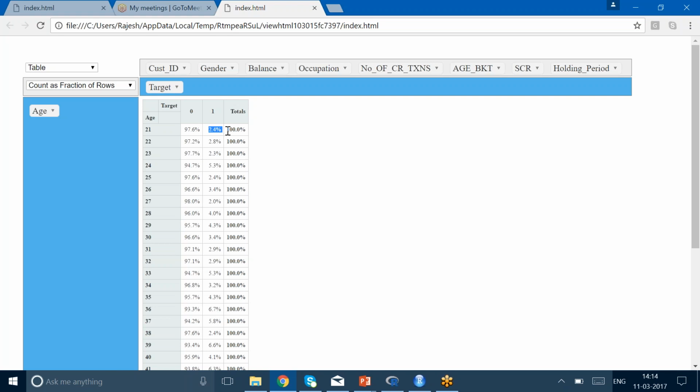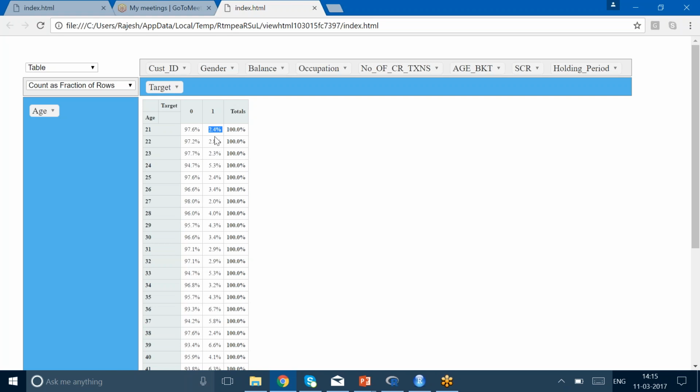It would be 2.4 divided by 100, so it will be 0.024. So 0.024 proportion of customers responded in age bucket 21. Can I make that statement?